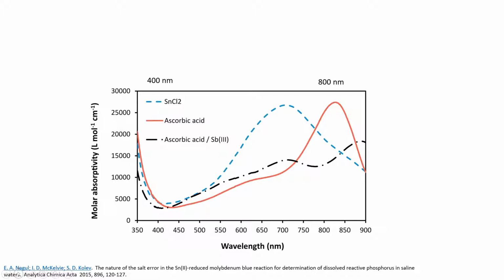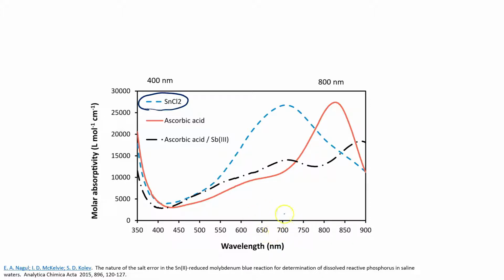Here it is. Don't pay any attention to the red or black lines, only pay attention to this blue line. Didn't you use tin 2 chloride or stannous chloride to prepare your molybdenum blue complex? This is the absorbance spectrum of that molybdenum blue, and isn't the lambda max very close to 690 nanometers?